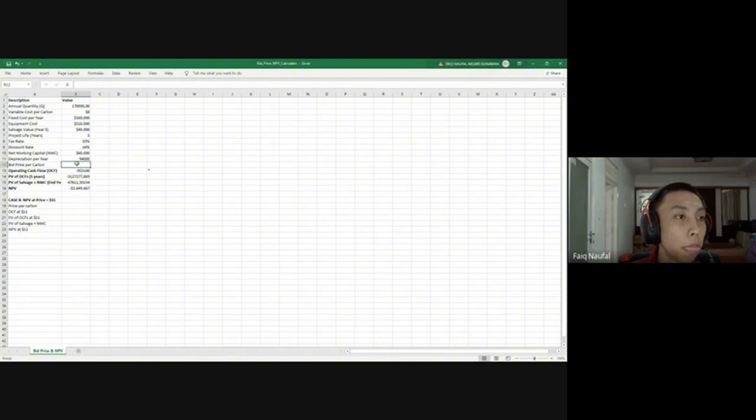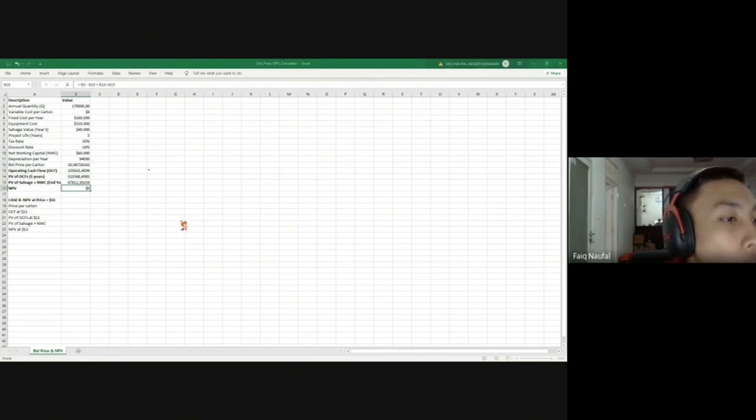To find the bid price per carton when the NPV is 0, go to the data menu, go to what-if analysis, and go to goal seek, and set the value to 0 because we want the NPV to be 0 by changing cell 12.